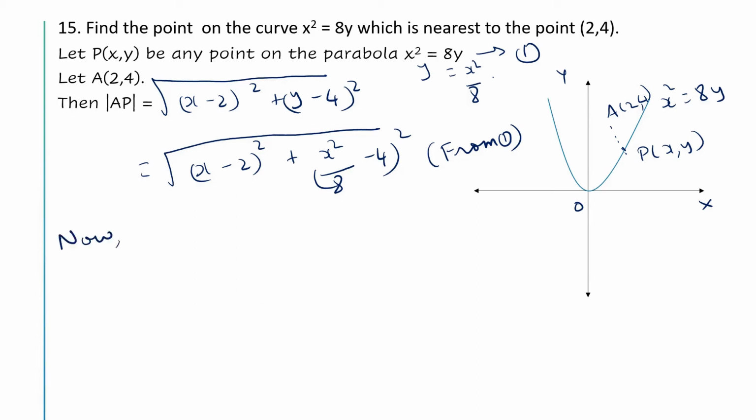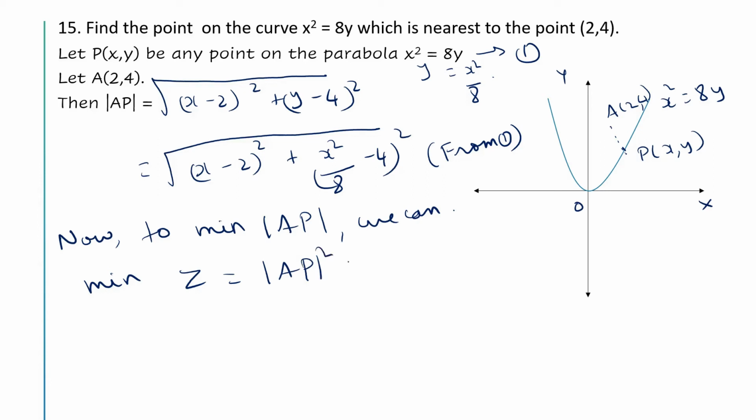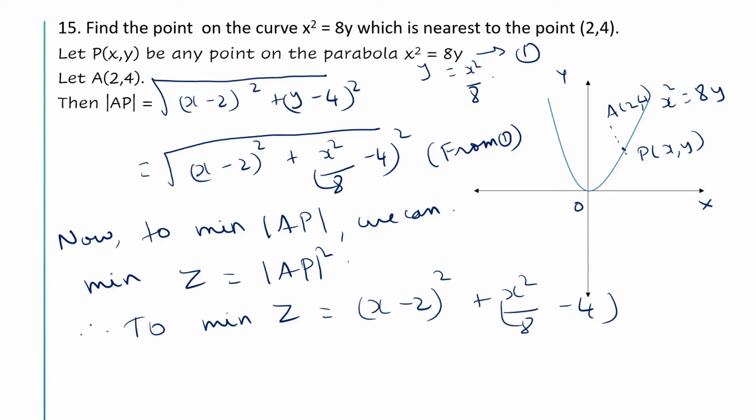Now instead of minimizing AP, which is a radical expression, we can minimize AP square. We can minimize Z is equal to AP square. Therefore, to minimize Z is equal to x minus 2 the whole square plus x square by 8 minus 4 the whole square.